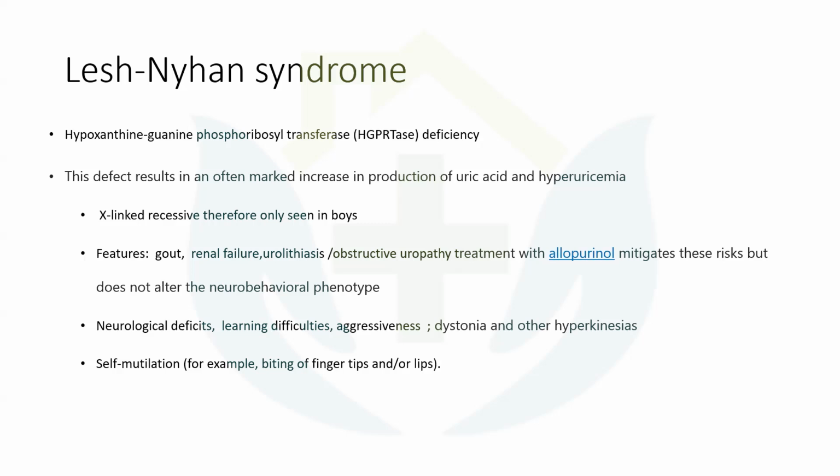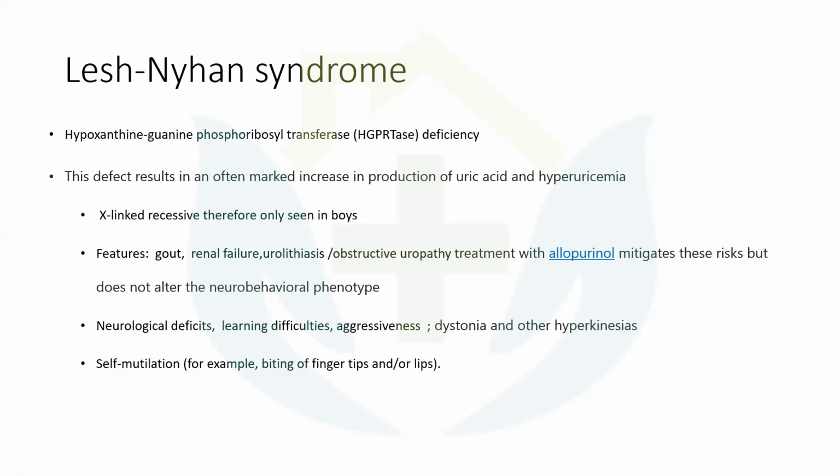Because this is X-linked, it is seen only in boys. Because of the high uric acid, there are the same gout manifestations, and the kidney will be involved because of uric acid stones, and obstructive uropathy will happen.